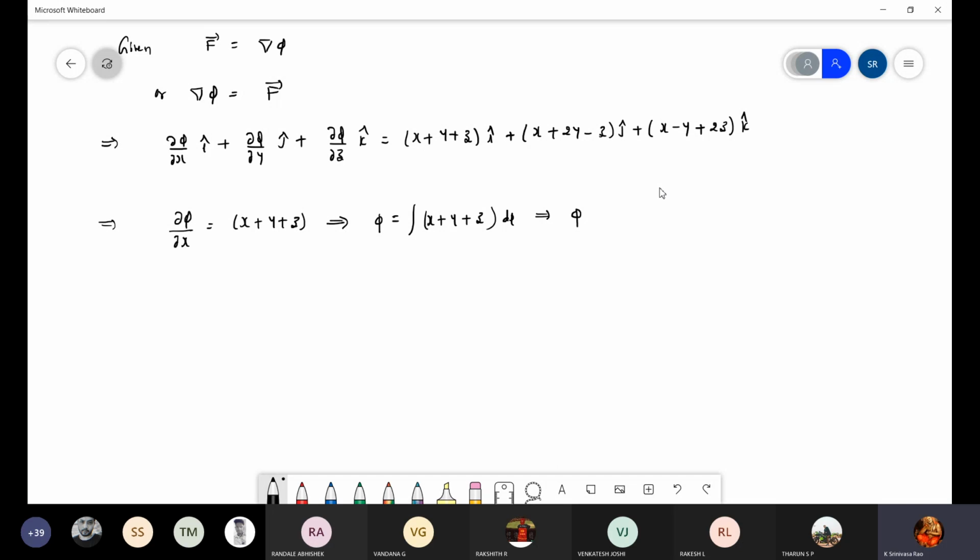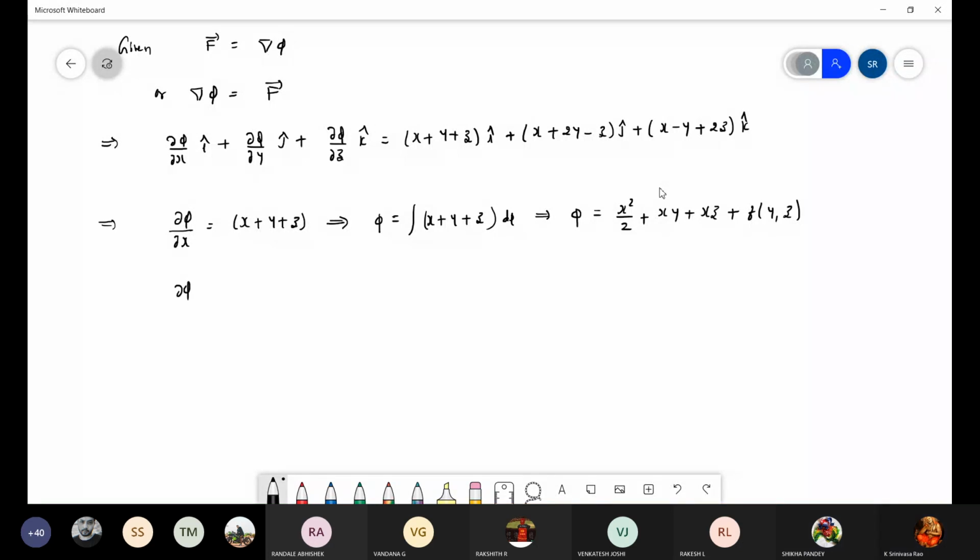What is the integration? x square by 2 plus xy plus xz, plus f of y comma z.